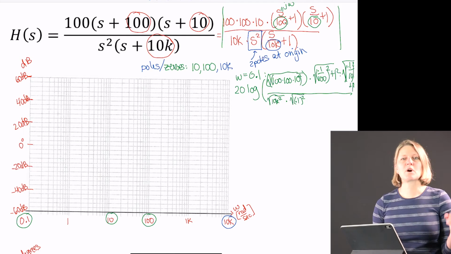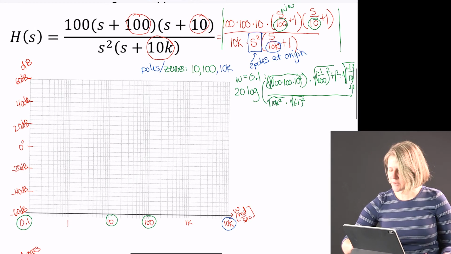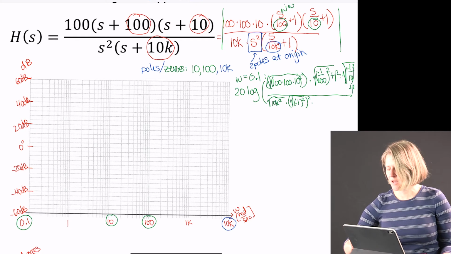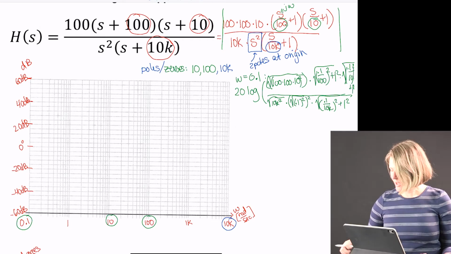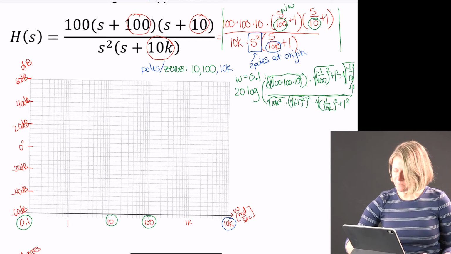If it is just one pole at the origin, it would be 0.1 squared and then the square root. But since we have two of these, we have to square that whole thing. And then multiplied by, again, 0.1 over 10K squared plus 1 squared. We multiply this out, and we find that at omega equals 0.1, we end up with 60 dB.